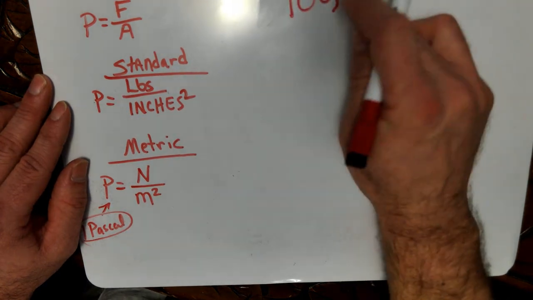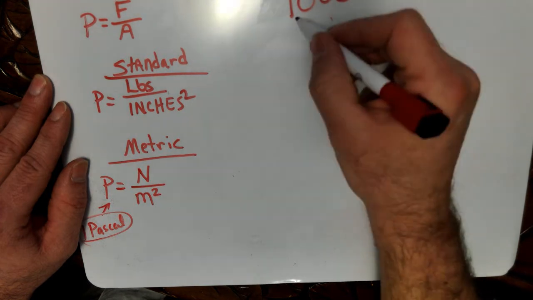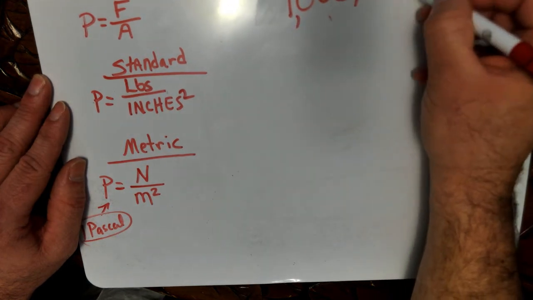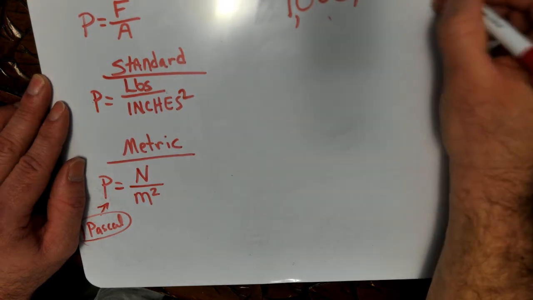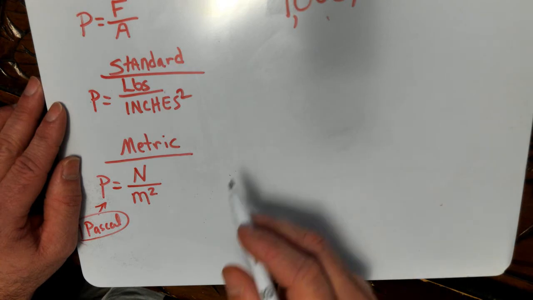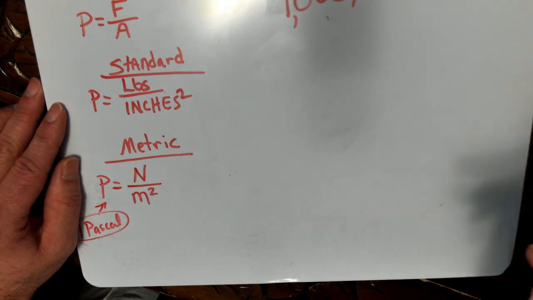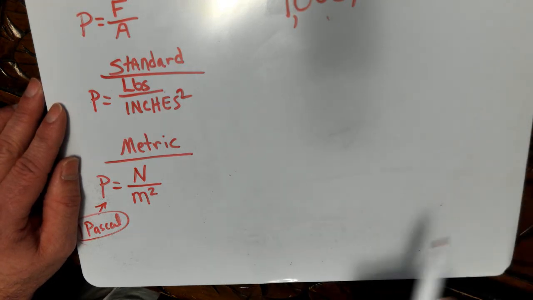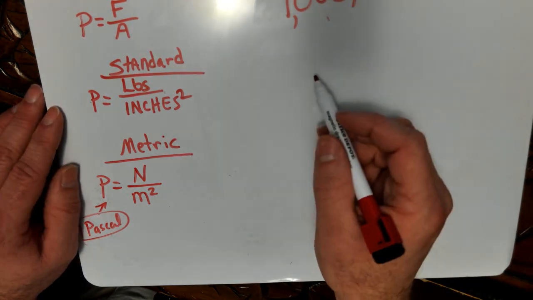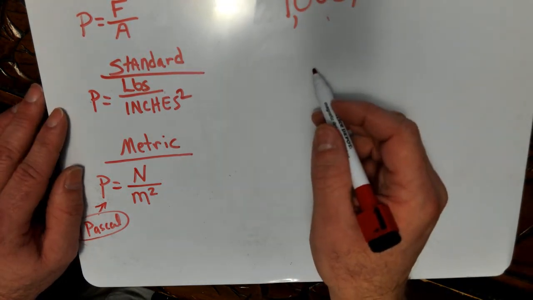Well, actually, let's go a little further. Let's say we got 1,000,000 Pascal pressure, okay? The same as saying 1,000,000 newtons over meter squared. That's what a Pascal is. So we got 1,000,000 of those, and that's how much pressure we got.